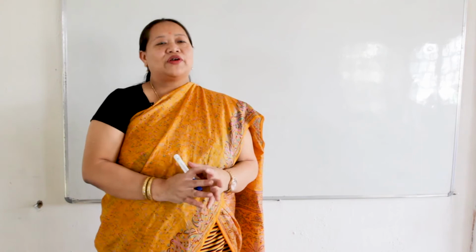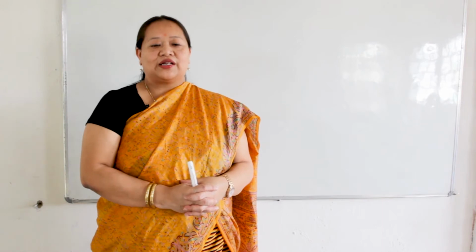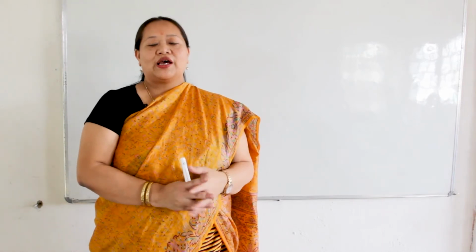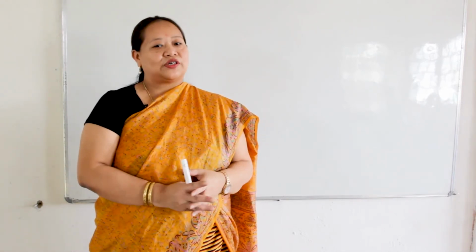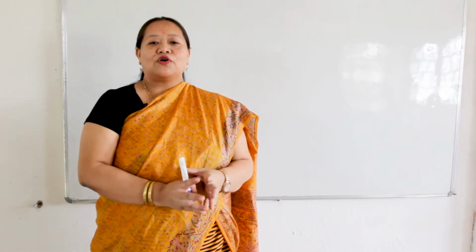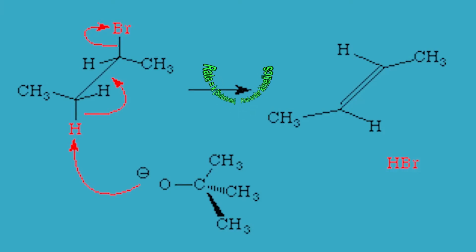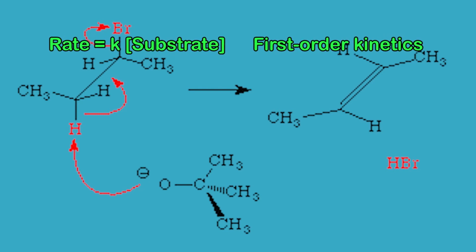So the E1 reaction follows first order kinetics, and the overall rate of the reaction is determined by the slow first step and is independent of the concentration of the base that is being used in the reaction. So the overall rate of an E1 reaction mechanism is: rate equals k times the molar concentration of RX, that is the substrate, here in this case an alkyl halide.